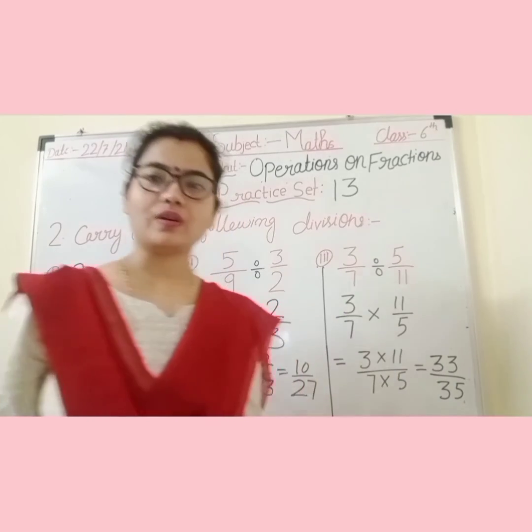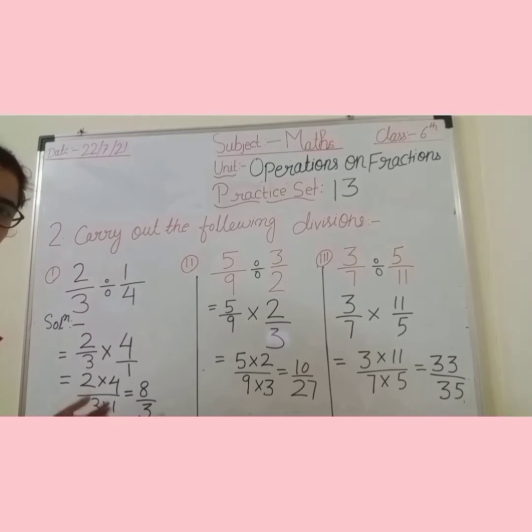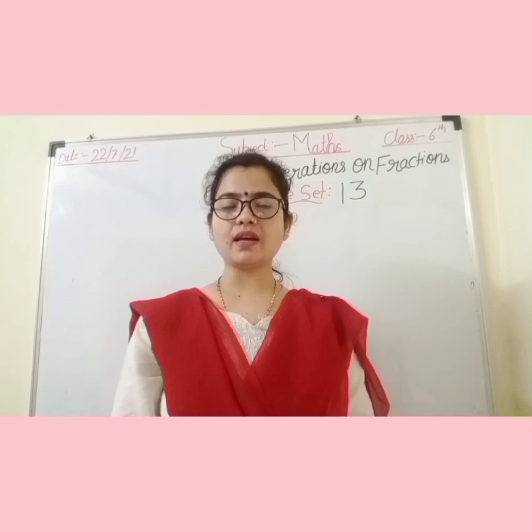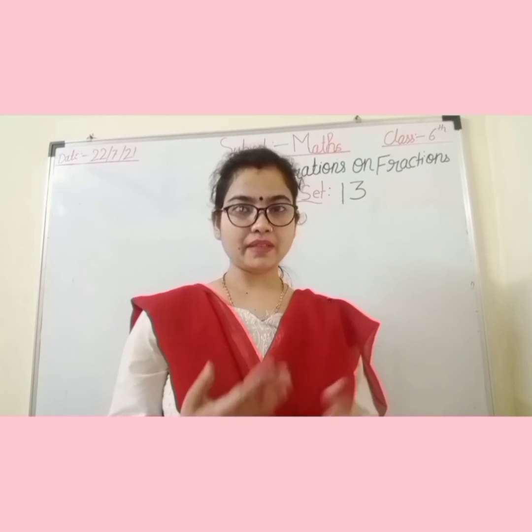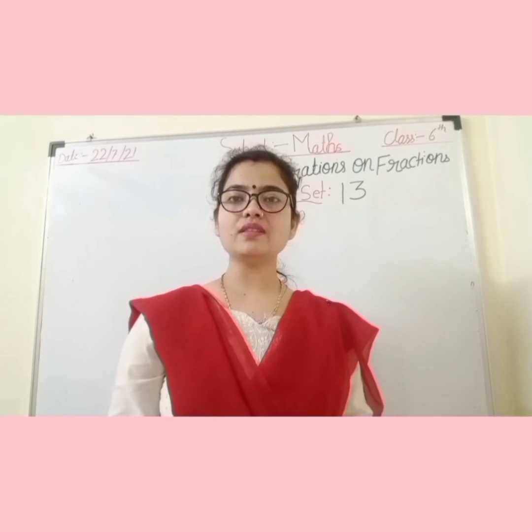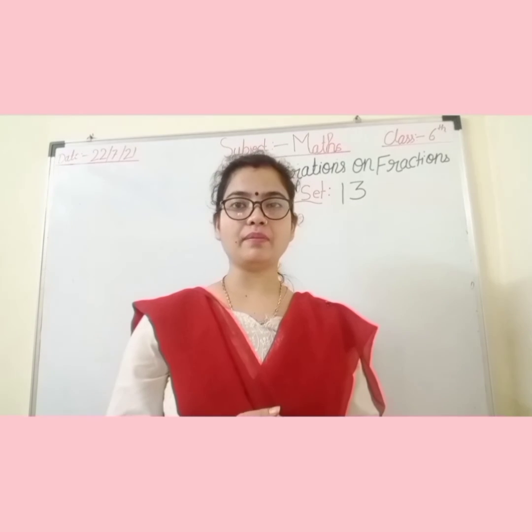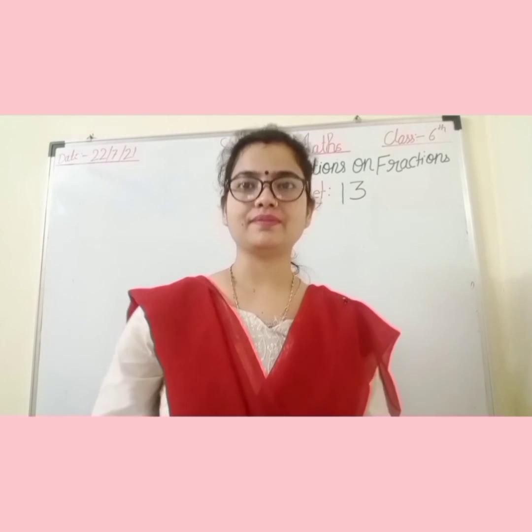Okay, so I hope you got the idea how to solve this. Watch it carefully, student. So in today's class we have learned about multiplication of fractions, reciprocals and division of fractions. In the next class we will learn about decimal fractions.